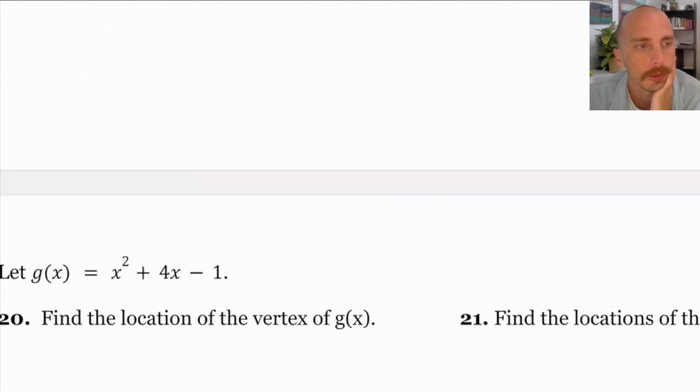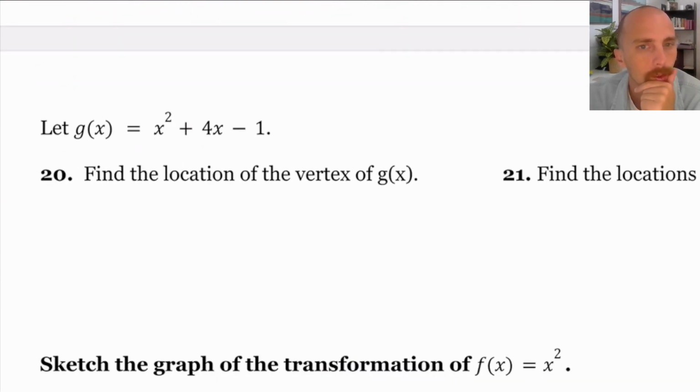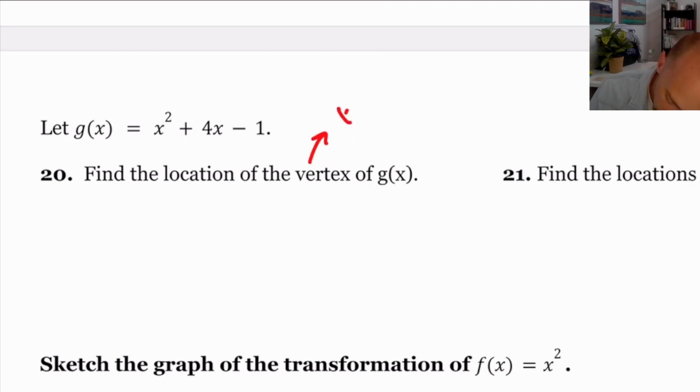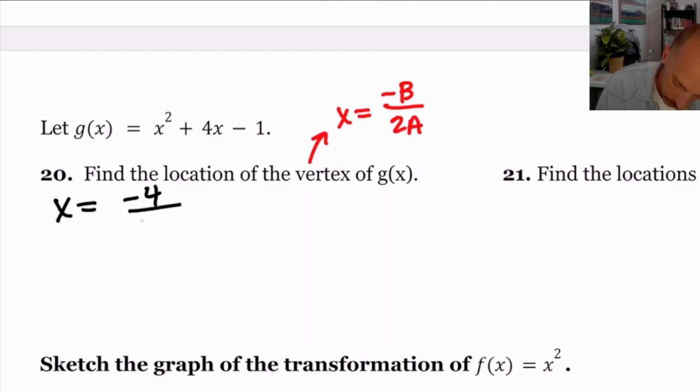Okay. We have now g of x equaling x squared plus 4x minus 1. Find the location of the vertex on the graph of g. And if it's in standard form, I recommend just using the formula. The x coordinate of the vertex on the graph of a parabola is x equals negative b over 2a.